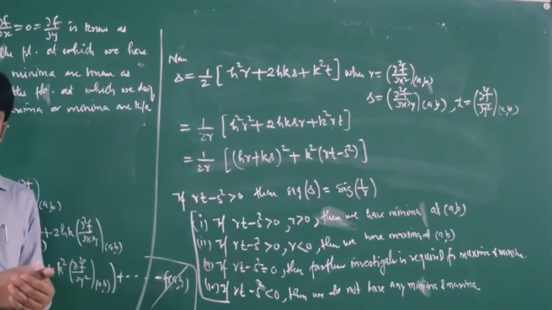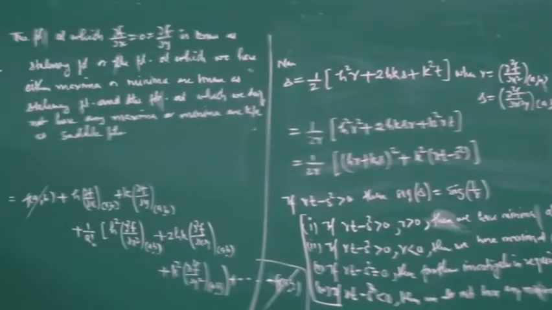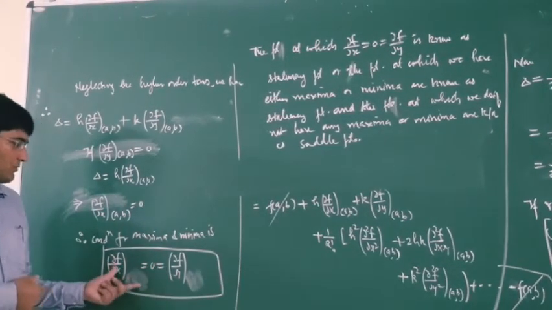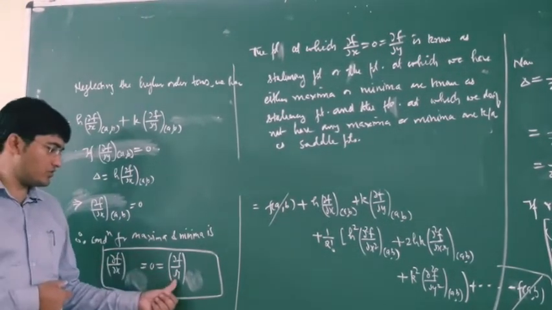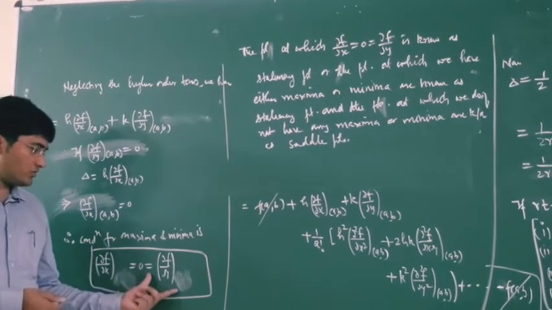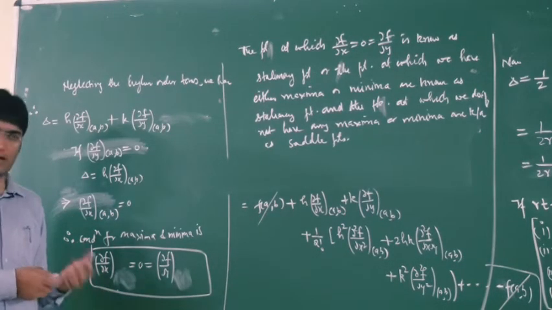So just remember 2 points. For maximum and minimum, the necessary condition is that the first order derivative should be 0. So del f upon del x and del f upon del y are equal to 0. Find out the values of a and b from these equations, and with the help of a and b, we will calculate our r, s and t.